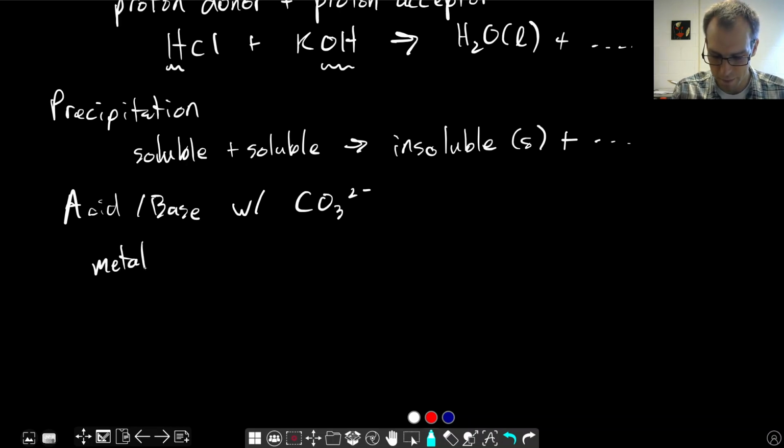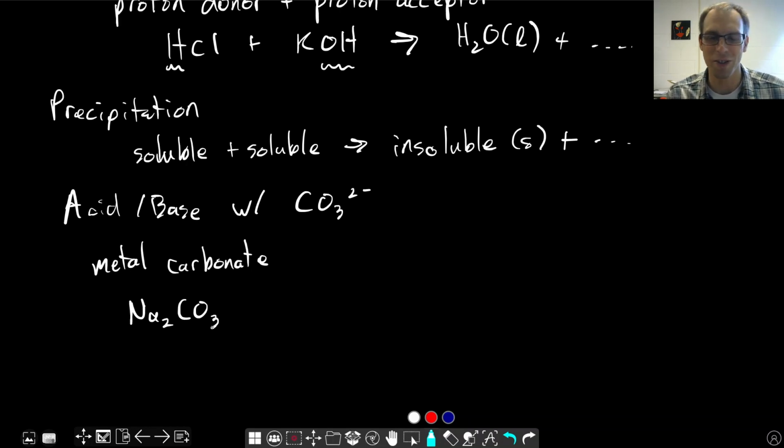metal carbonate, something like sodium carbonate, Na2CO3, sodium's a good cation to choose. Everything's going to be soluble with it, though this reaction will work even if the carbonate is insoluble.